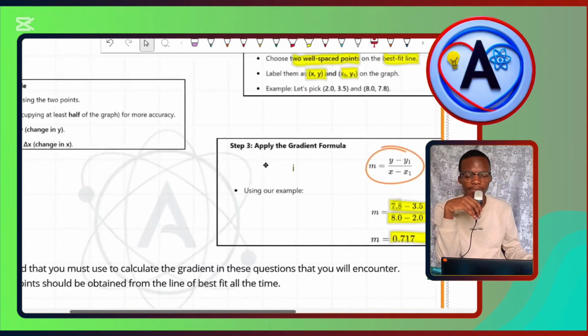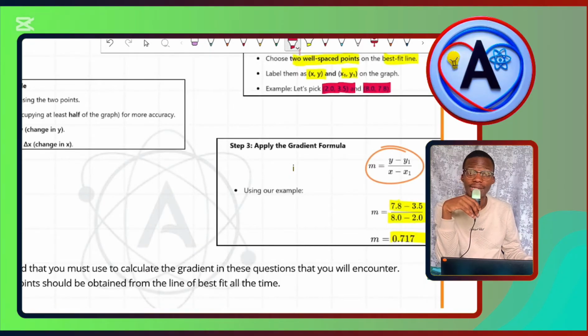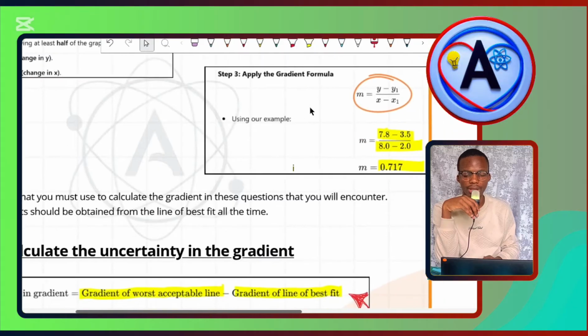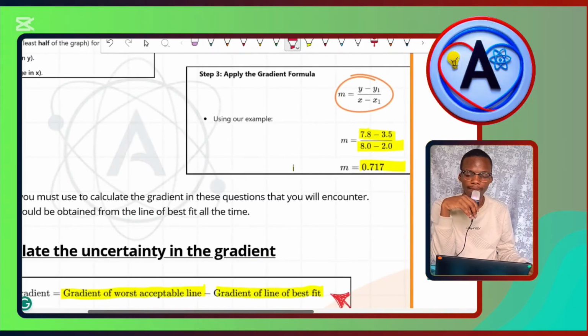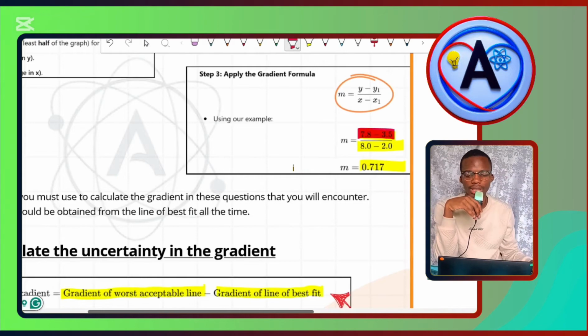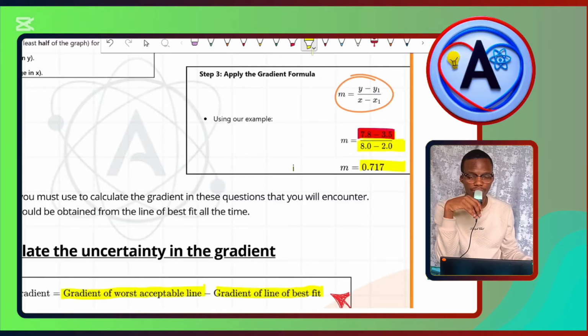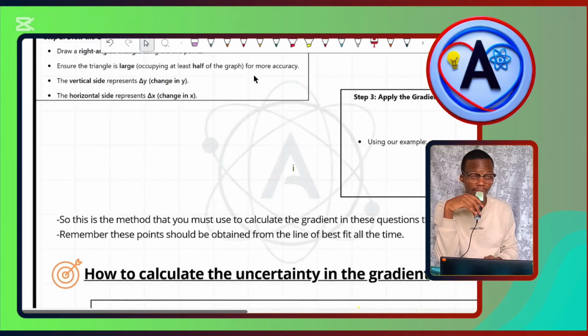In this example, I picked 2.0 and 3.5, 8.0 and 7.8. So using our example, m is going to be 7.8 minus 3.5, the difference in the values in y, over 8.0 minus 2.0. Then I'm going to get 0.717, 3SF. That's basically how you calculate your gradient.